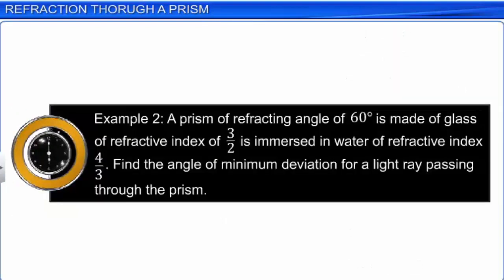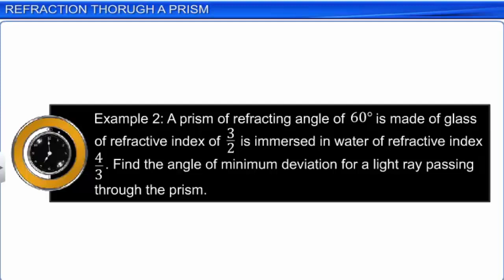As per equation 7, n21 is equal to sin((A + Dm)/2) by sin(A/2). Since the prism is in water, ngw is equal to ng by nw.